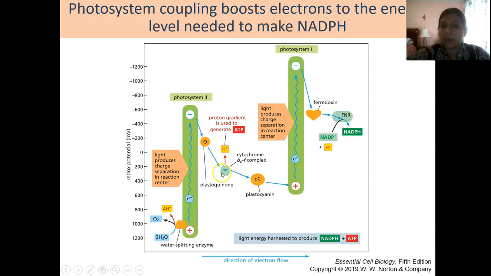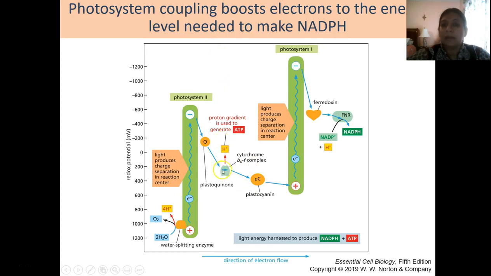And that plastoquinone is then going to move through the cytochrome B6 complex to generate the proton gradient by shuttling those protons into the thylakoid space.